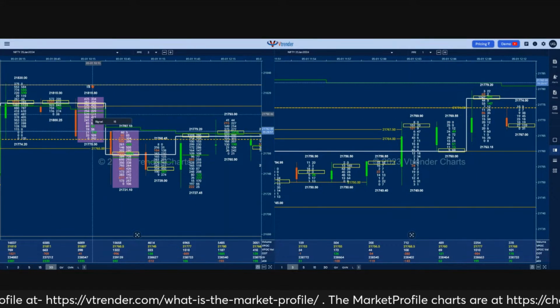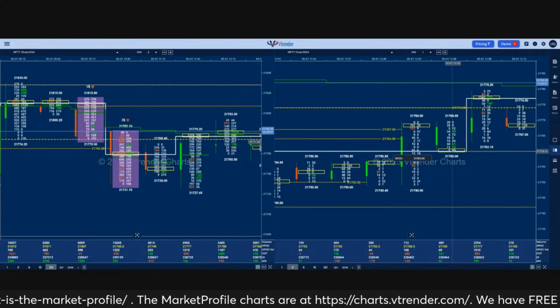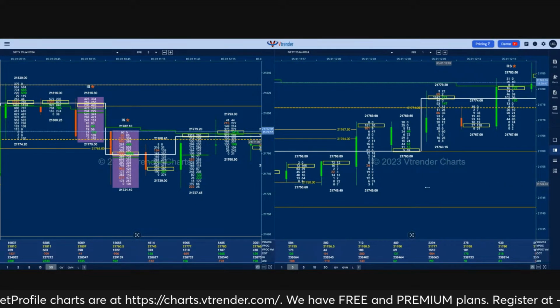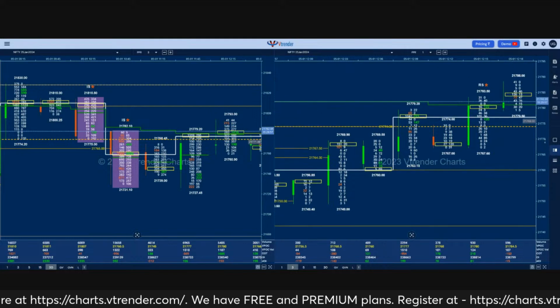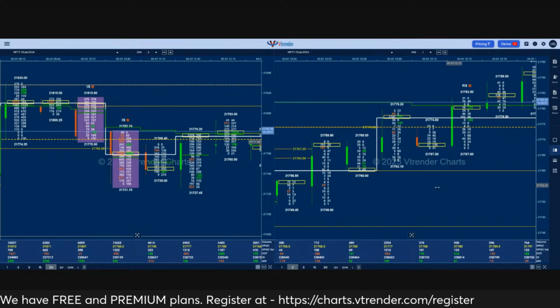So another reference you can take here is the VWAP of this, which is 21800. This is one more level for buyers to show up.